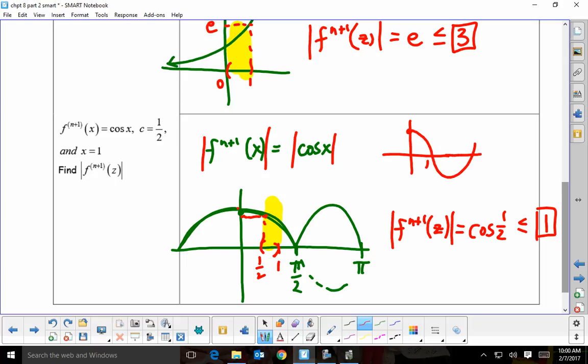So, cosine. Yeah. Oh, that's my 3. Okay, thank you. Oh, thank you. Okay, now I got you. I was like, that's not wrong. That was definitely wrong. Gracias. Okay. Good job.